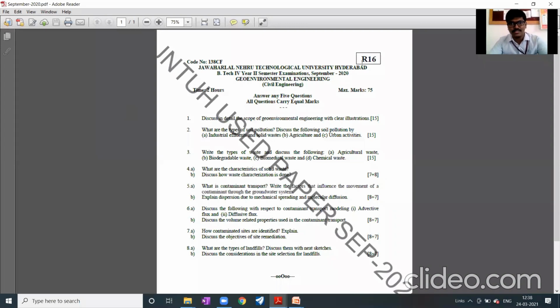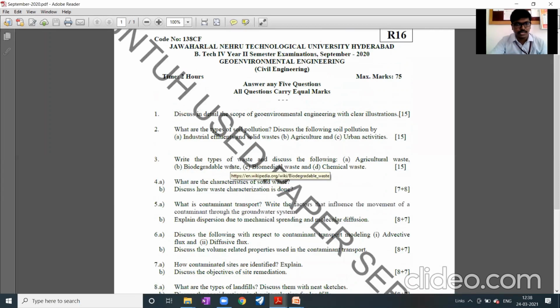So this is the September 2020 question paper. You can just see, since it's a theoretical subject, he may be asking the questions directly. Like here you can see, discuss in detail the scope of geo-environmental engineering with clear illustrations.